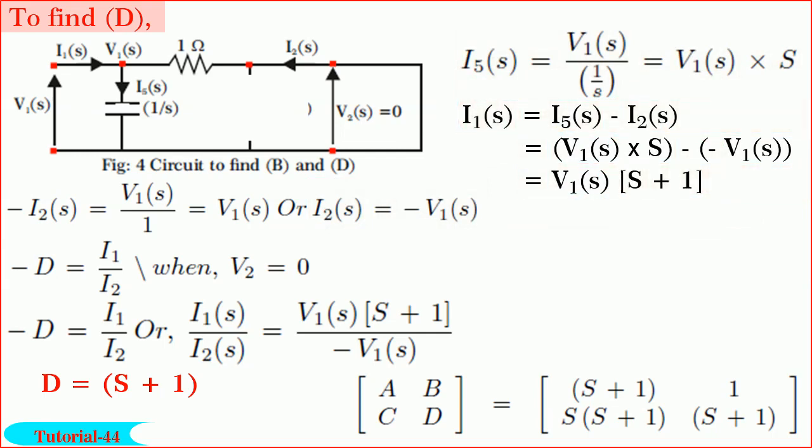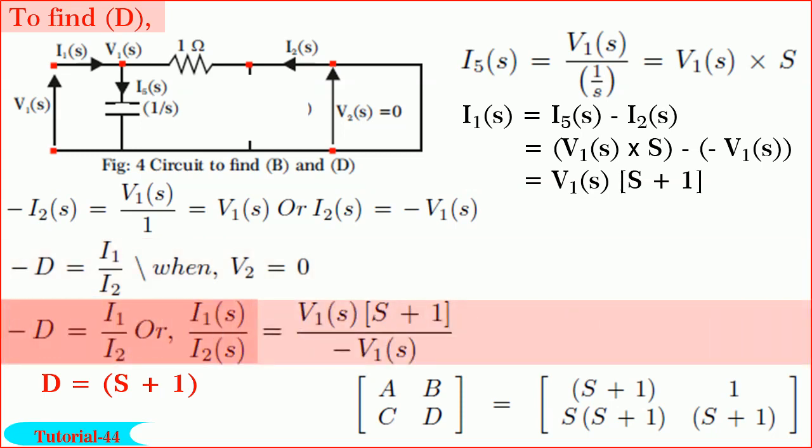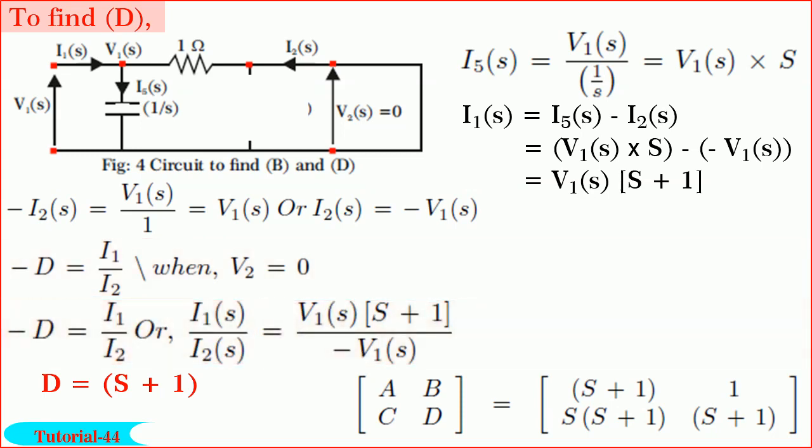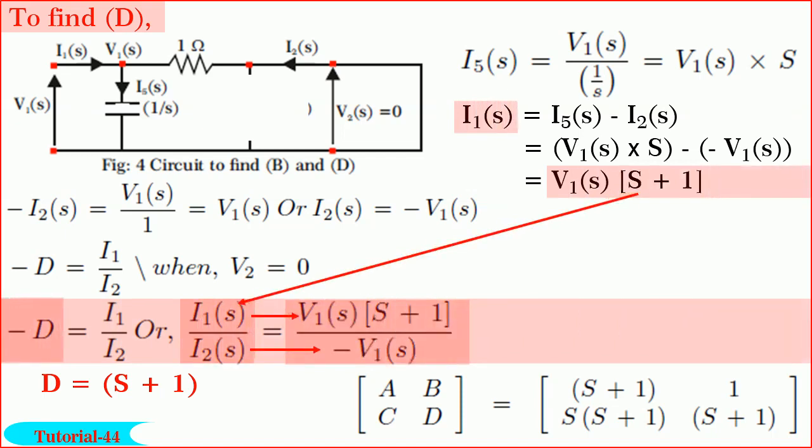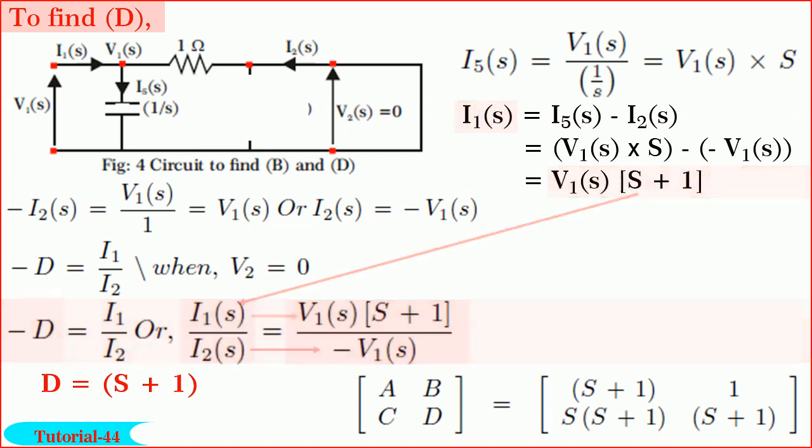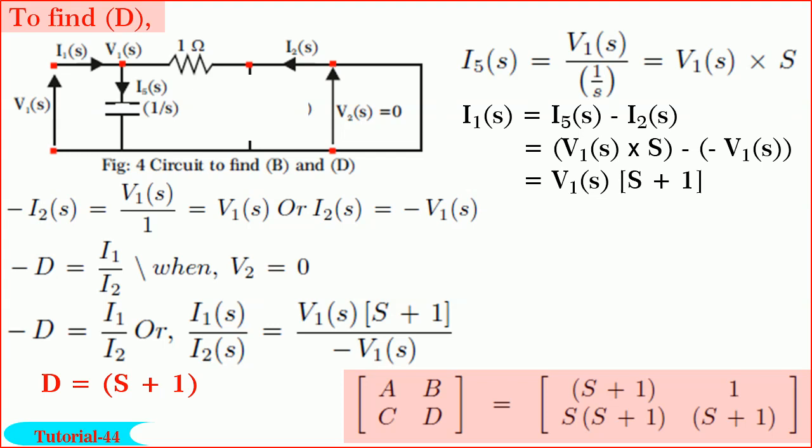But we know minus D is equal to I1/I2 when V2 is equal to 0, or minus D = I1(s)/I2(s). By substituting the values and solving, we get D = s + 1. So, the ABCD parameters obtained are represented in determinant form as shown.